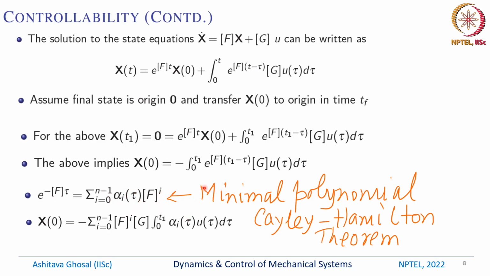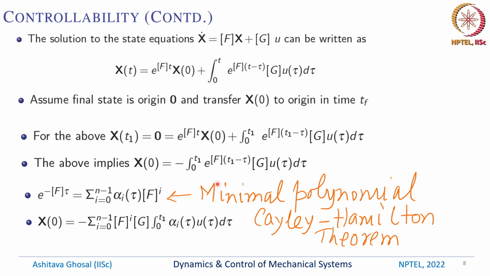So this is the idea of a minimal polynomial, which we have seen earlier when we wanted to find the state transition matrix. The concept of a minimal polynomial was introduced, and this is the same idea. So x of 0 can be written as this polynomial with a minus sign into the integral of 0 to t1 of alpha i of tau u of tau d tau.